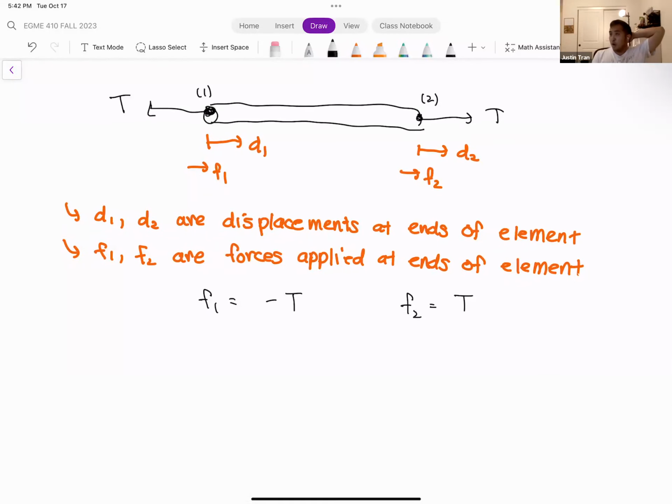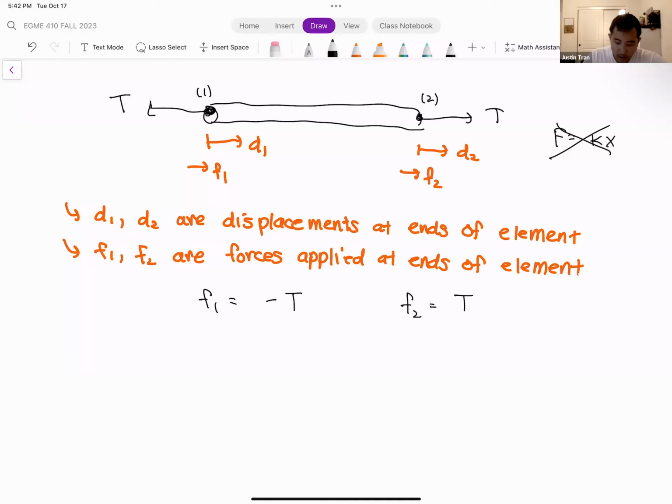All right, if you recall, when we did this exercise for the spring, we had an explicit relationship where force is equal to K times X, right? We had an equation built in which showed the relationship between force and displacement. That was our Hooke's law. We don't have such a thing for our truss element.